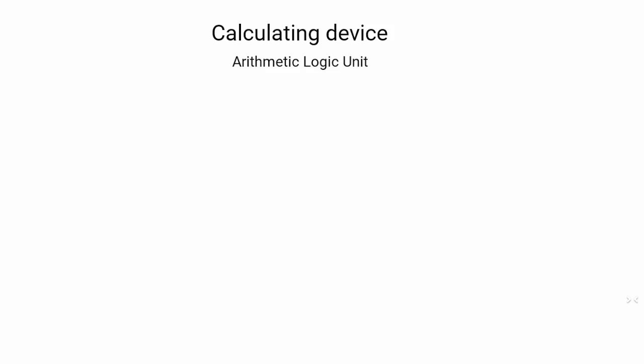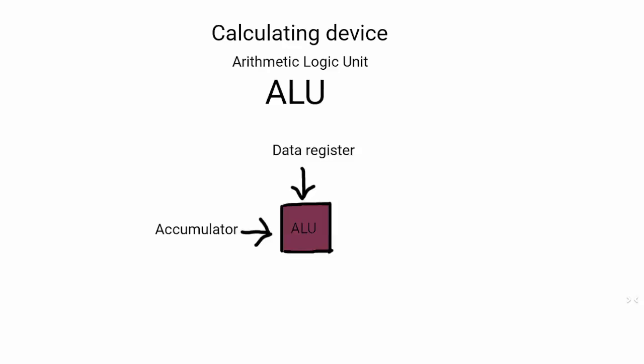This brings us to the calculating device. This part of the CPU receives the microcode from the control unit and then sends it to the other parts of the computer hardware. This system is called Arithmetic Logic Unit, or ALU for short. The ALU sends information with the help of more registers. 2 of them are the data register and the accumulator.